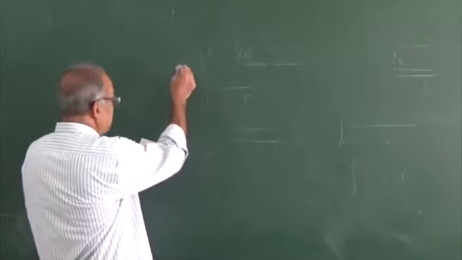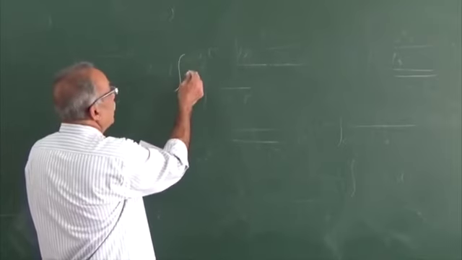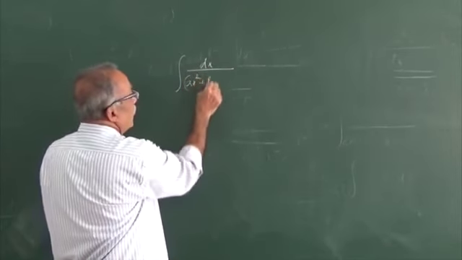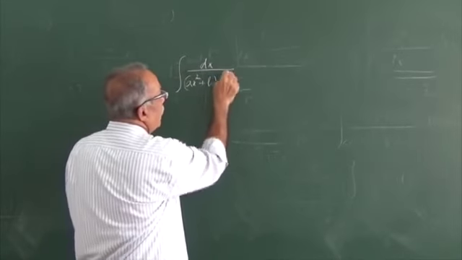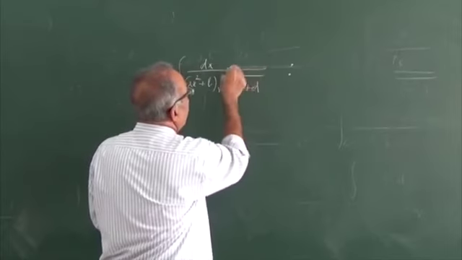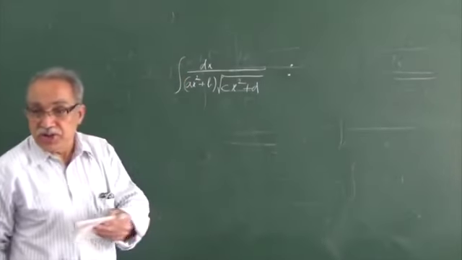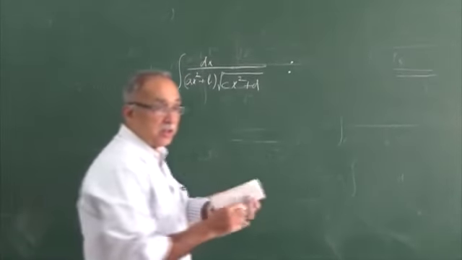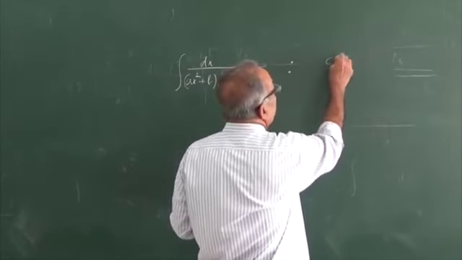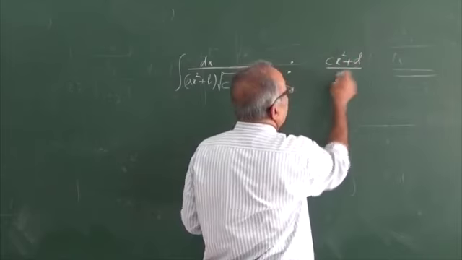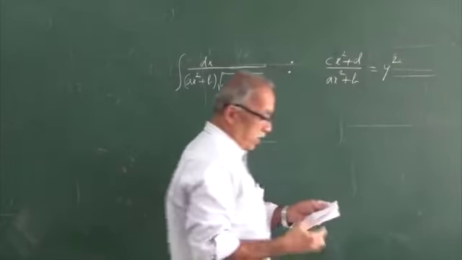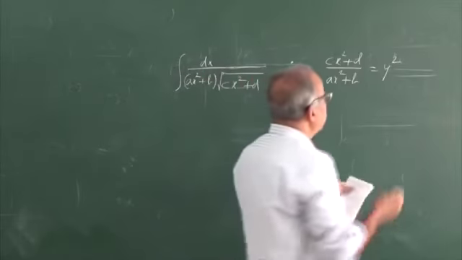I will give the complete list. Already known substitution is x equal to 1 by t. Now only alternates I mention.